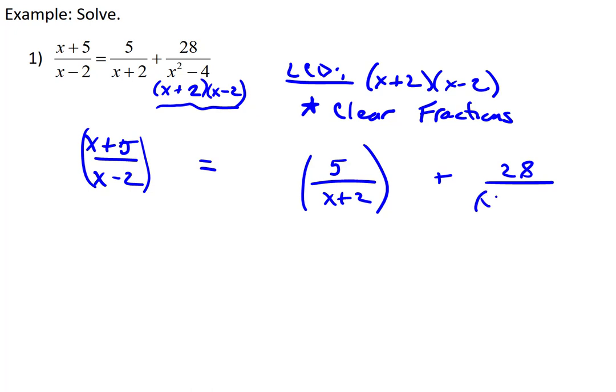It'll just make it easier for us in the next step. So I'm going to put x plus 2 times x minus 2 as that last denominator in factored form. Then, to recall, the process of clearing the fractions involves us taking our LCD and multiplying all the terms across the numerator by it. So next to each of my original terms, I'm going to multiply by x plus 2 times x minus 2.